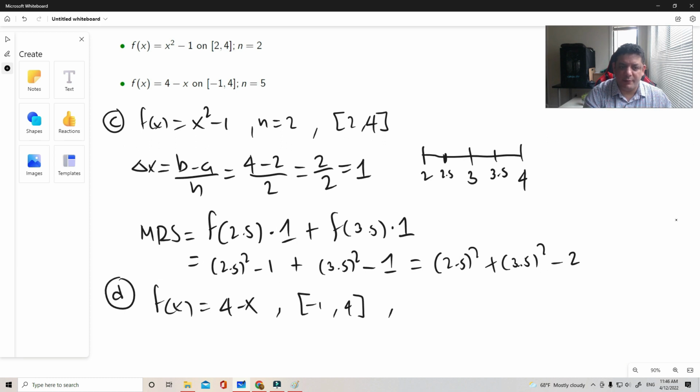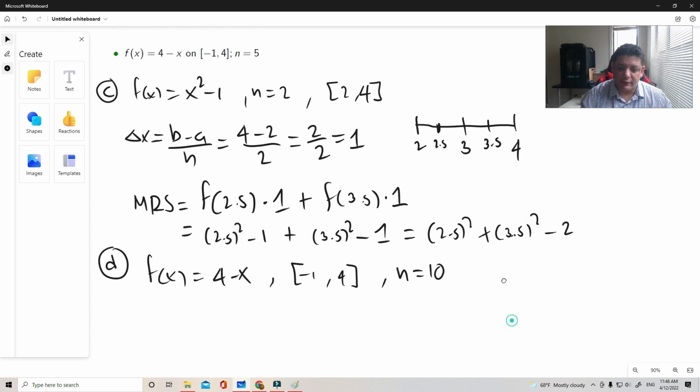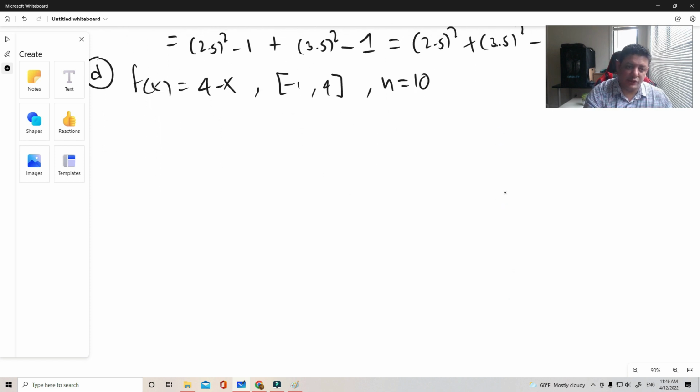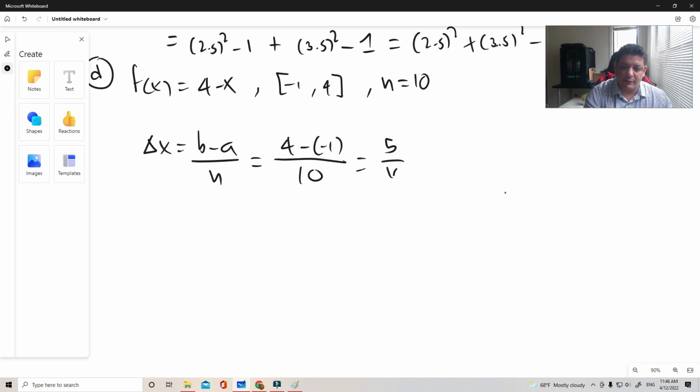Let's not make it n equals 5, since that's going to produce pretty much the same, but let's use n equals 10. So if we do that, now we're going to get a variation of the delta. The delta x here is going to be b minus a over n, so 4 minus negative 1 over 10. So this is going to be 5 over 10. This is going to be 1/2 or 0.5.